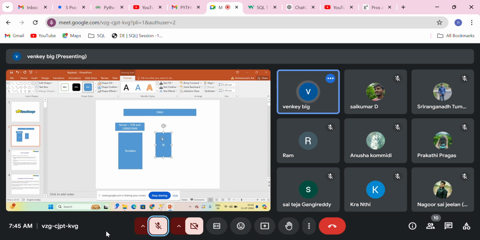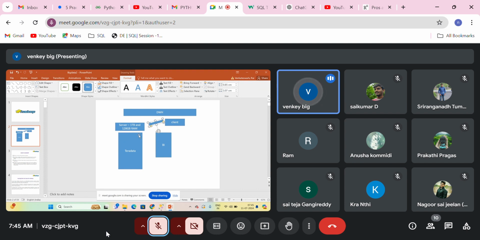So this is the server, and to this server there will be a client. This client will be sending the request, and that request will be taken by this server itself, and in the same server you will get the response.